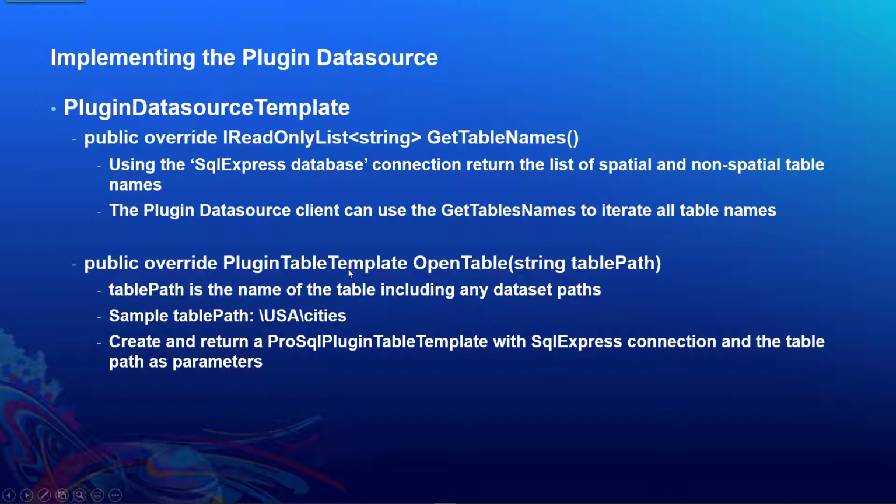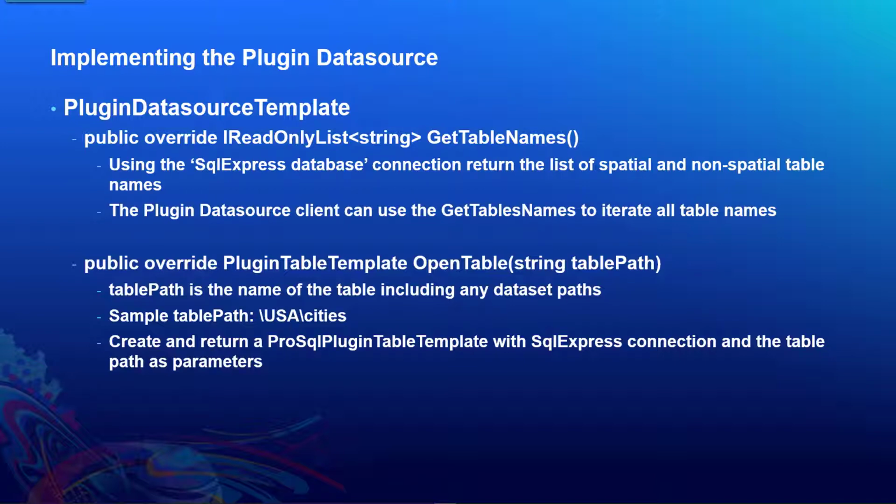Next, I have to override the OpenTable method and put my own implementation in there. The parameter here is a table path. Table path is the name of the table, including any dataset paths. Now, that might not be true for any custom data source, but in mine it's true. I have, as you've seen in the previous sample, a feature dataset called USA, and one of the feature classes in there is cities.